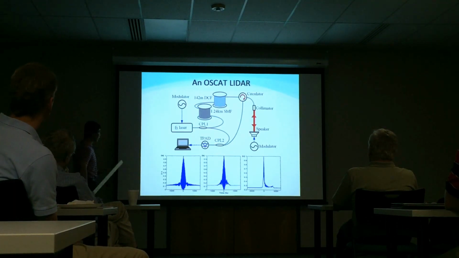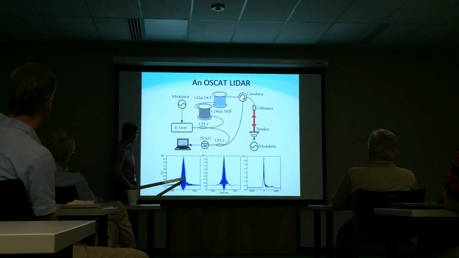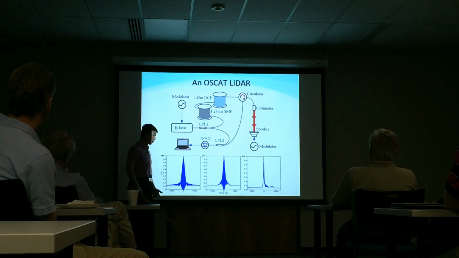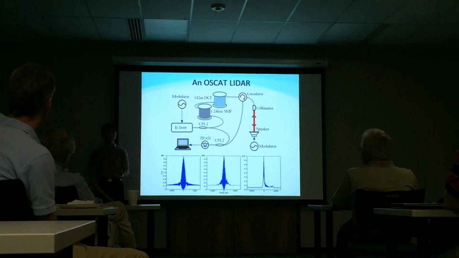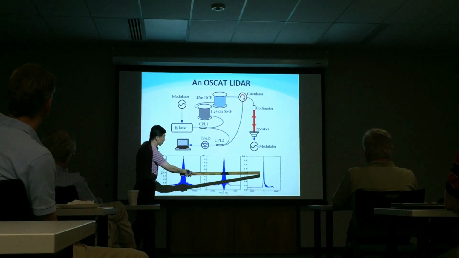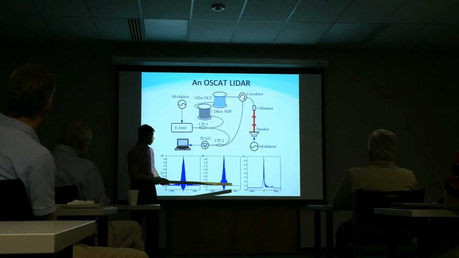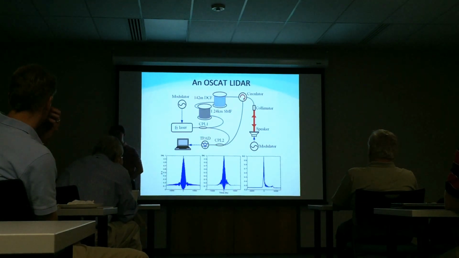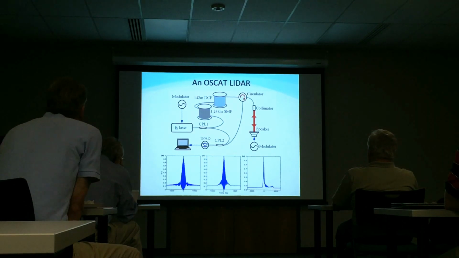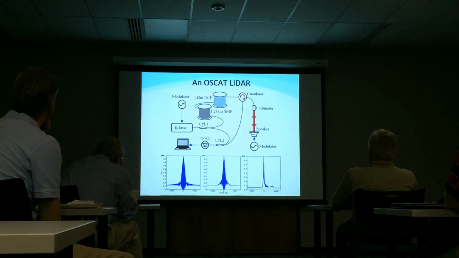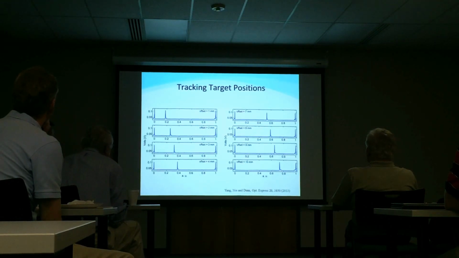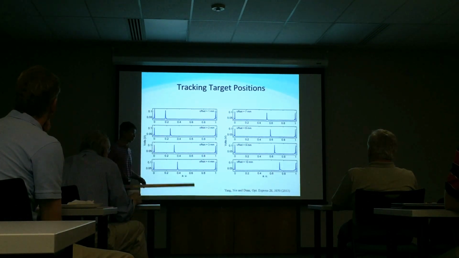So we did some detailed work on how to optimize these pulses. Eventually, we get these pulses below, I think, 400 femtoseconds, in the 300 femtosecond range. And then the cross correlation from these two pulse trains gives us, I think, 700 femtoseconds at maximum. With that, we demonstrate a target tracking system.